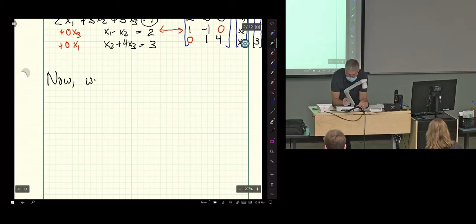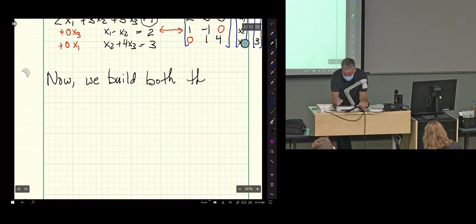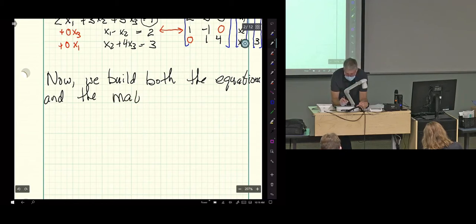Now we build both the equations and the matrix vector representation.